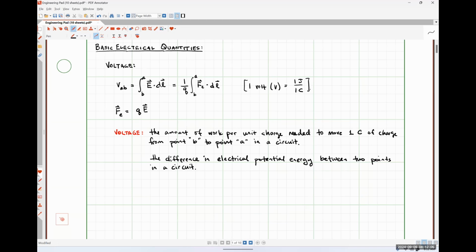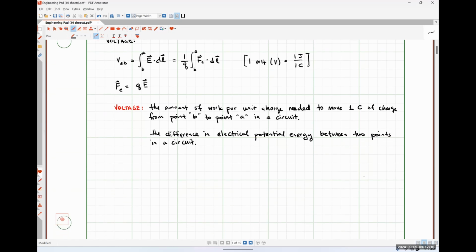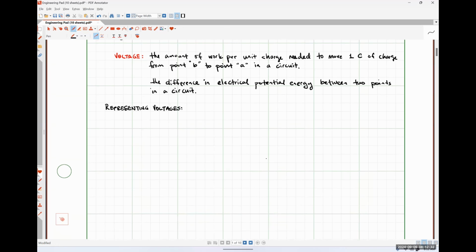Let's talk a little bit about how we are going to represent voltages in circuits in this class. Let's start with some generic circuit element.